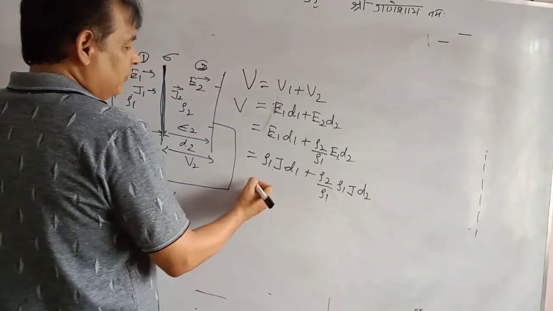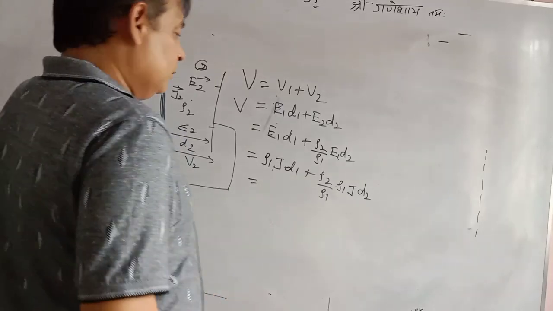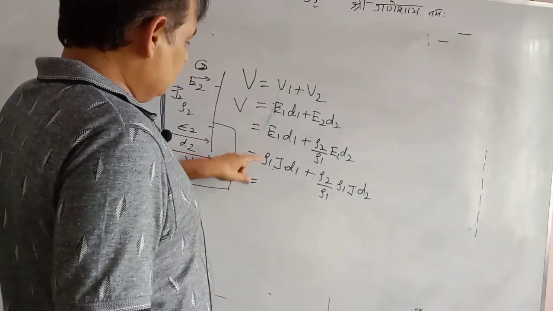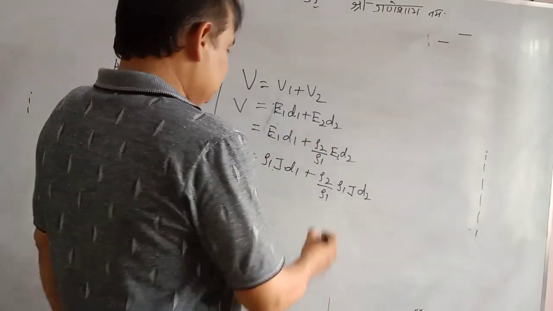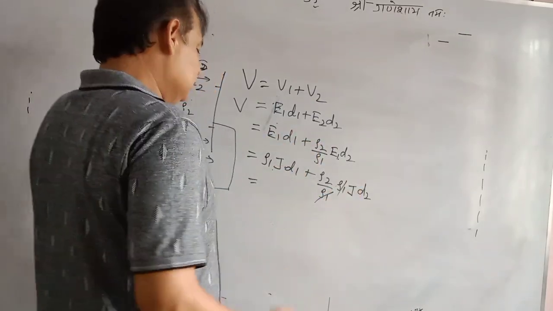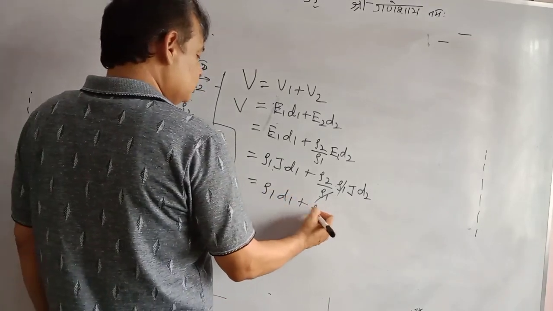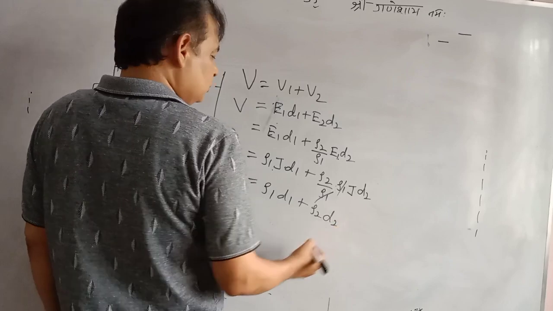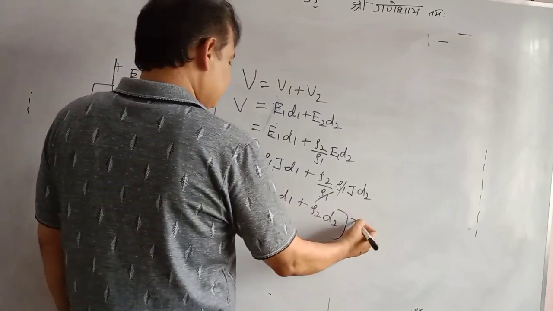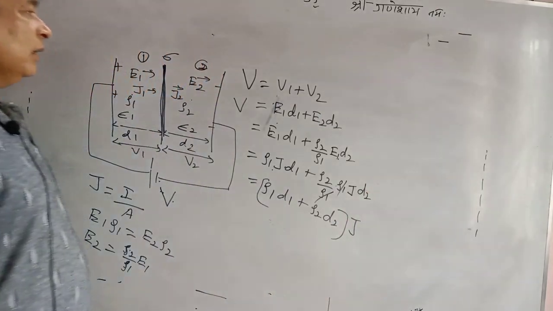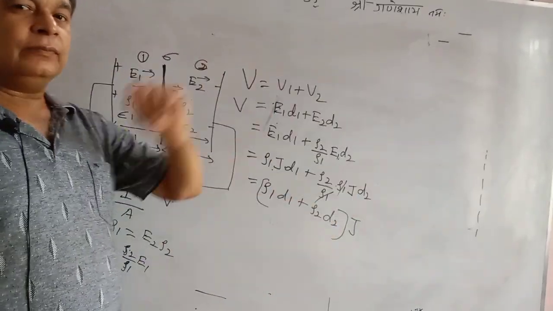Then j D1 plus rho 2 by rho 1, this rho 1 can be cancelled, and we have rho 1 D1 plus rho 2 D2 multiplied by j. This potential difference can be written down in this way.